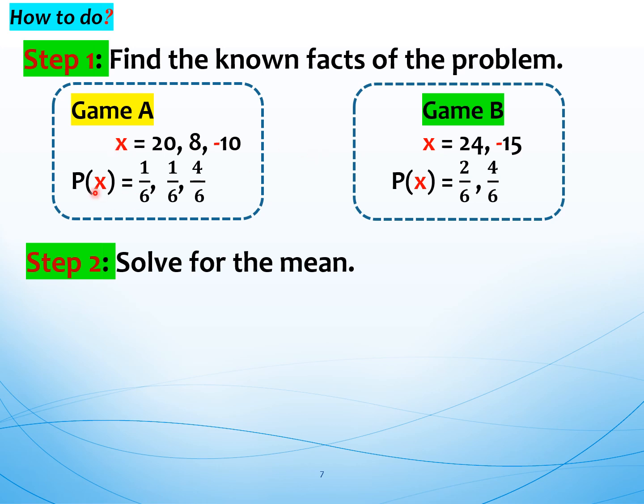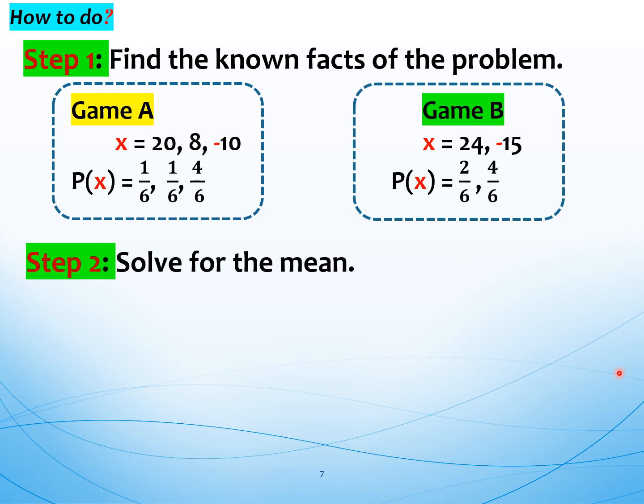These are the equivalent values, and the probability corresponding to 20 is 1/6, to 8 is 1/6 also, and of course negative 10 has 4/6. For game B, the following x values are 24, and negative 15 when you lose. So 24 corresponds to 2/6, and negative 15 corresponds to 4/6.